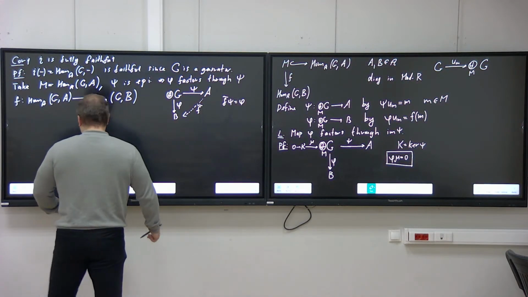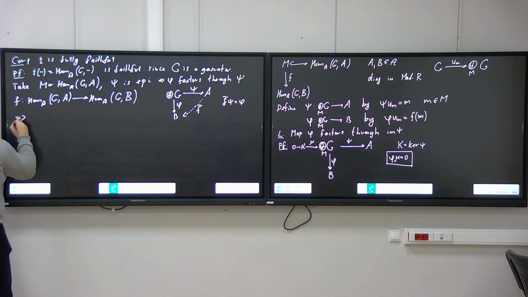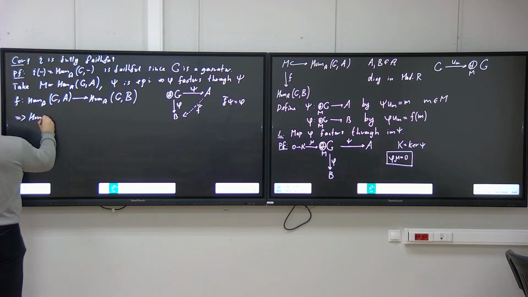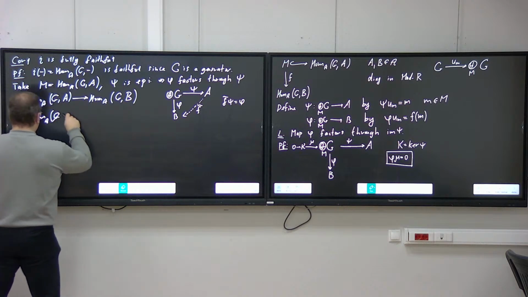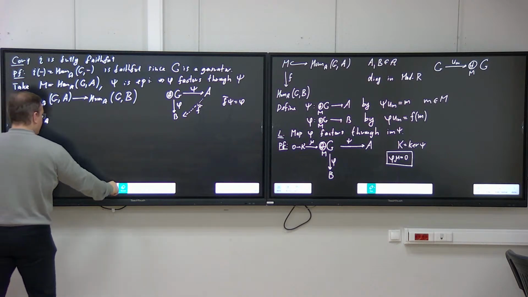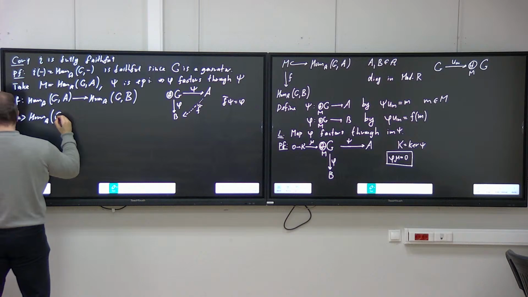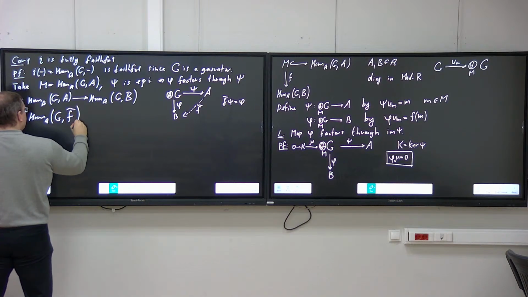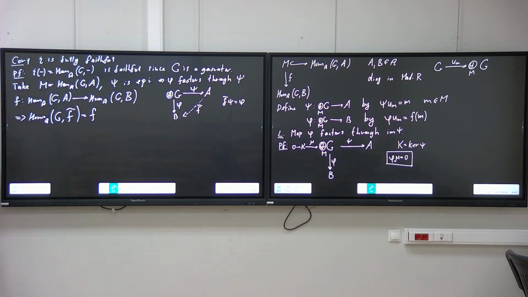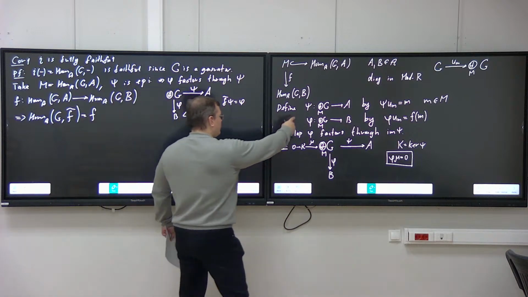But that's exactly what is saying that the Hom over A, G, F tilde is equal to F. This is the last observation, kind of tautological, but it's using again these definitions of the psi and phi.